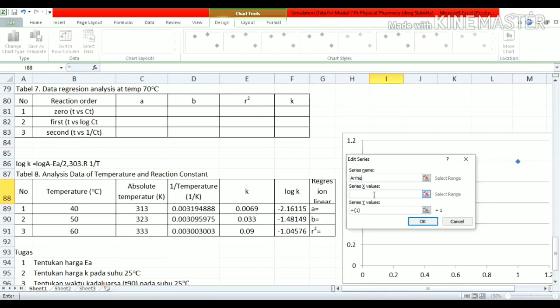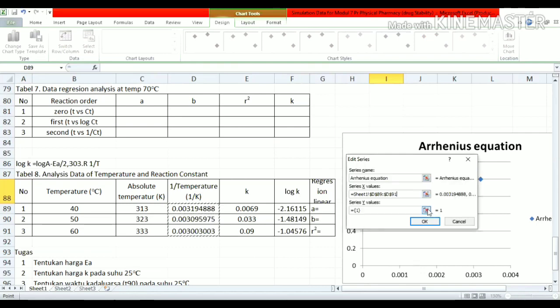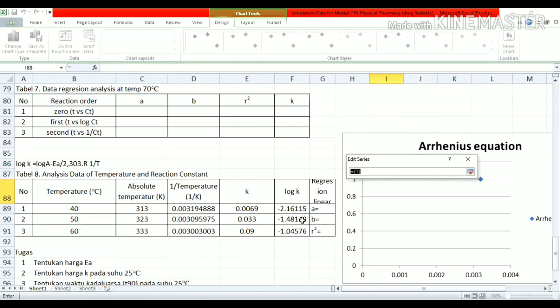So this is the equation, which is equal to the Arrhenius equation. So the Y will be the log K, and the B of this equation will be minus Ea per 2.303 R, and the X is 1 per T in Kelvin.